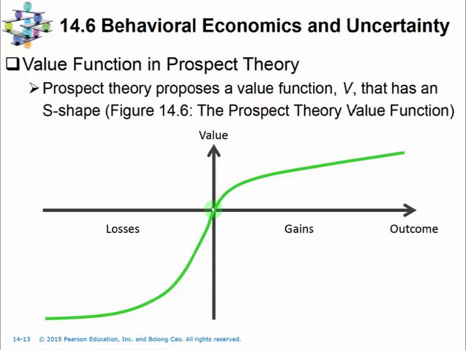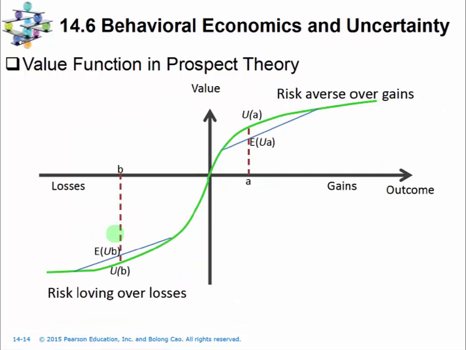So if there are gains, we are in this positive region. If there are losses, we are in this negative region. And we can see that we have a concave shape over the gains on this value function and a convex shape over losses. So over gains, people are risk averse, and over losses, people are actually risk loving.